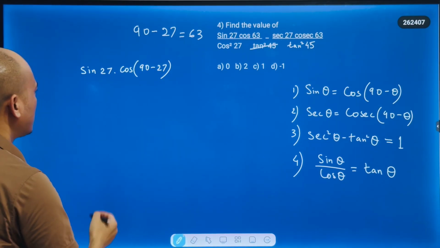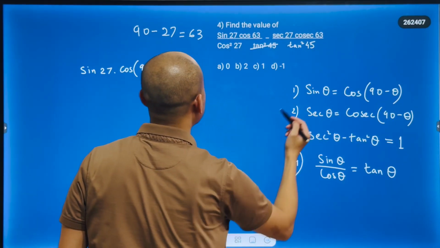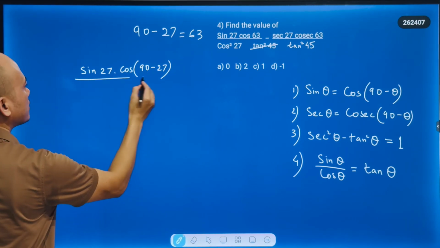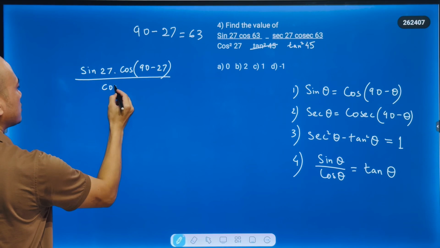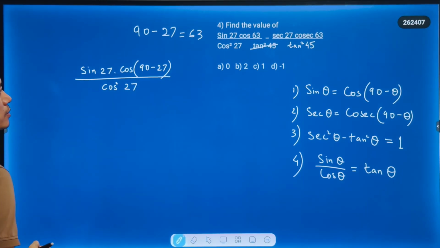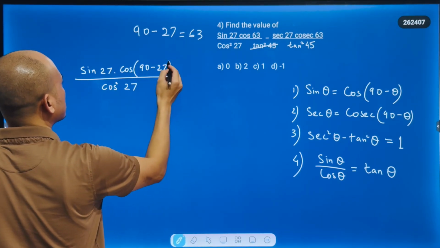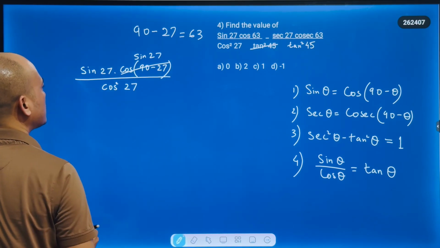So cos 90 minus theta becomes sin theta, so it becomes sin theta by cos square 27. Sin theta is sin 27.